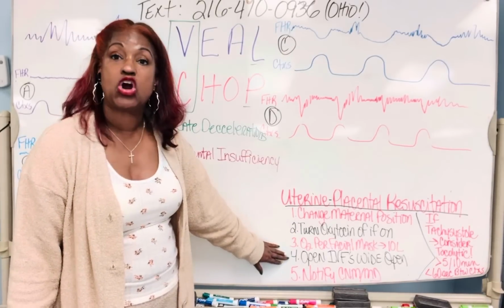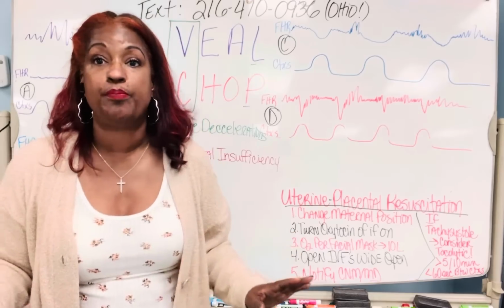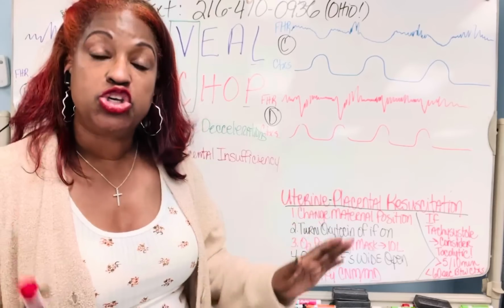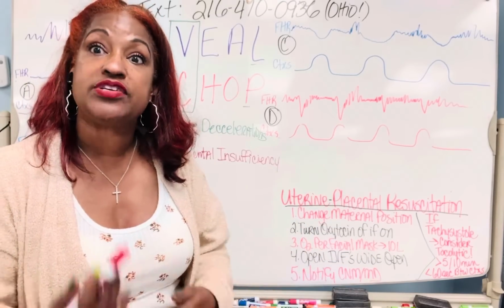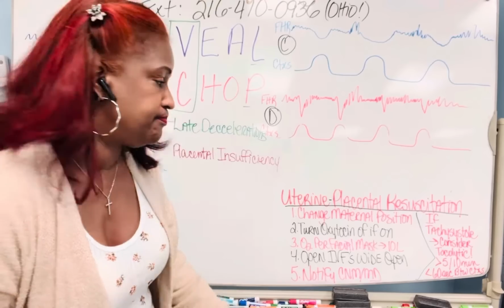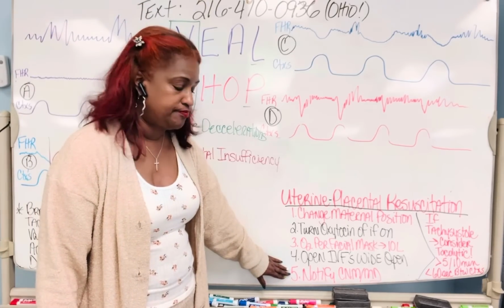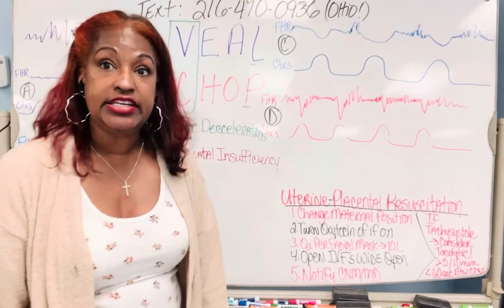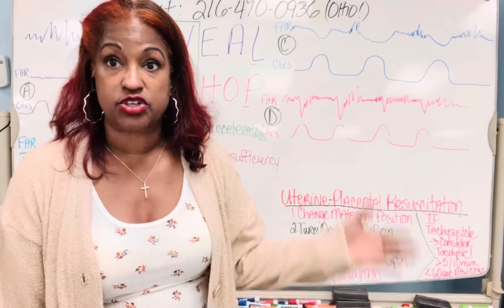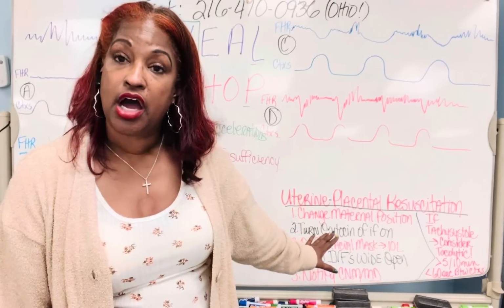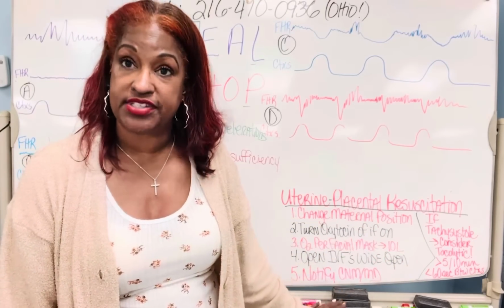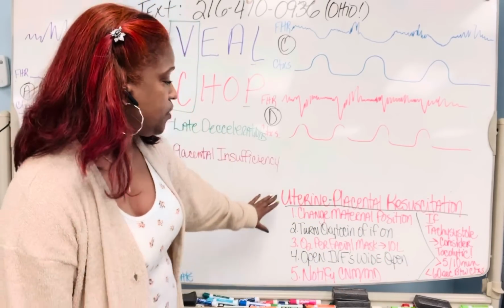Fourth is open her IV fluids wide open so you can flood her uterus with fluids and resuscitate the baby that way, and keep her blood pressure where it should be. Last, you're gonna need to notify the nurse midwife and the doctor that all of this is going on, because they may need to come and do a C-section. So this is what we do.